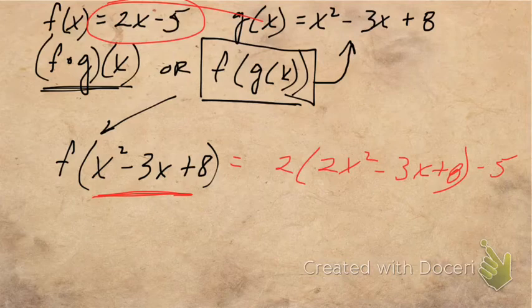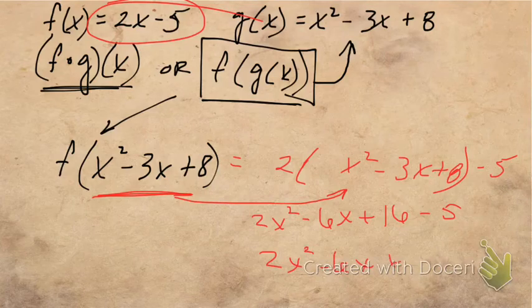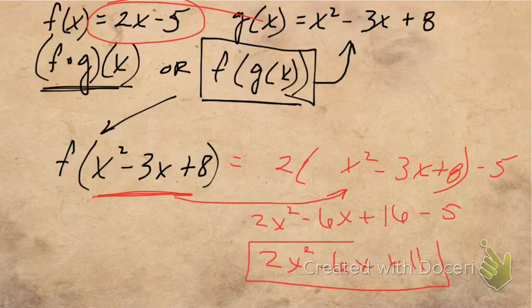Okay? So all I did was replace my x with that. Did you add an extra 2 in the parentheses? So let's distribute. 2x squared minus 6x plus 16 minus 5, which when I put all my terms together, and we are done. Okay?